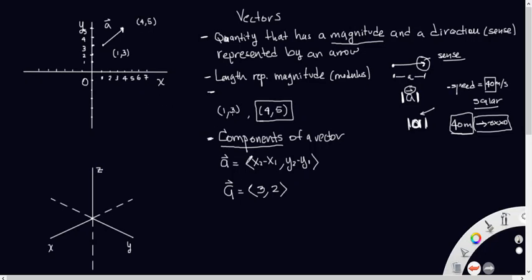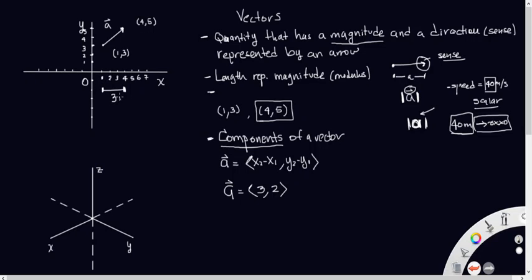So in the x-axis, the first component of a vector is the amount of distance that we move specifically in the x-axis. So it starts at 4 and ends at 1. So the absolute distance in the x-axis is going to be 3, because here we have 1, 2, 3.